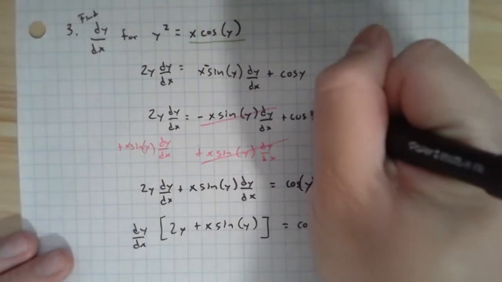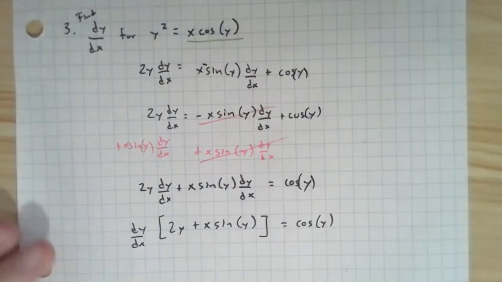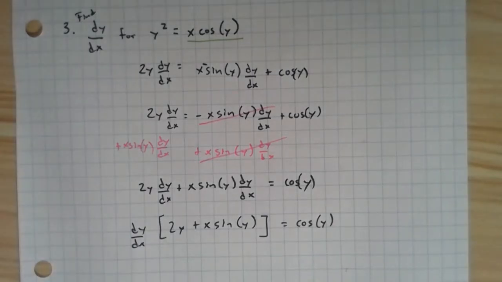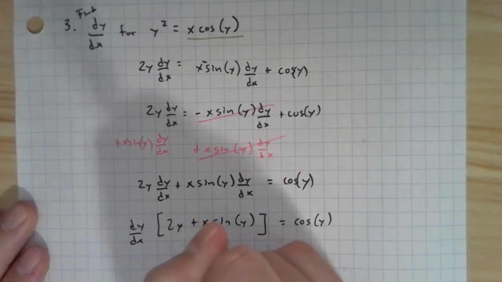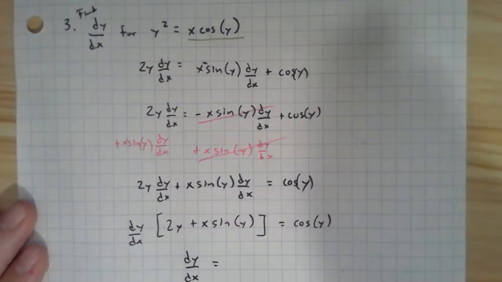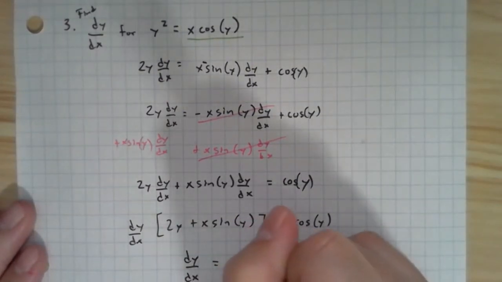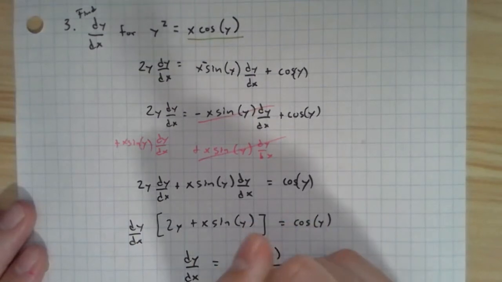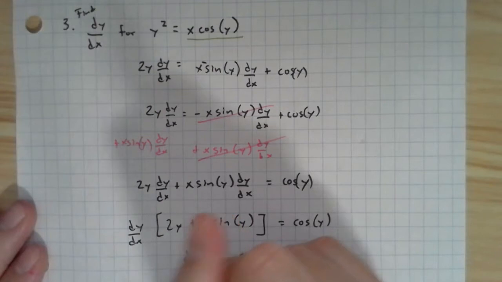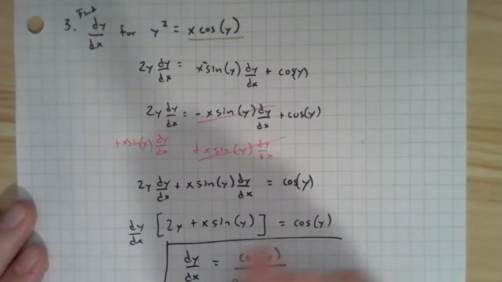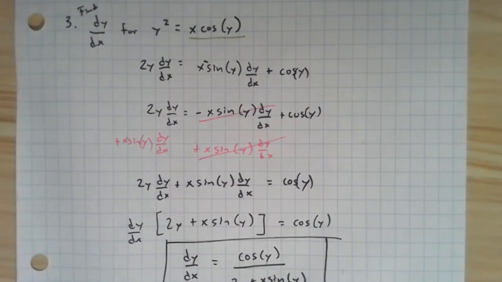I'm going to start using parentheses here too. And then finally divide by all of this. And so then the derivative there would be cosine y over 2y plus x sine y. Boom.